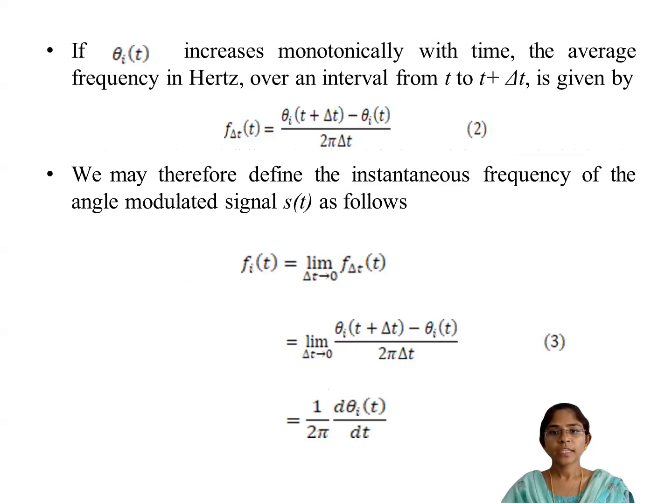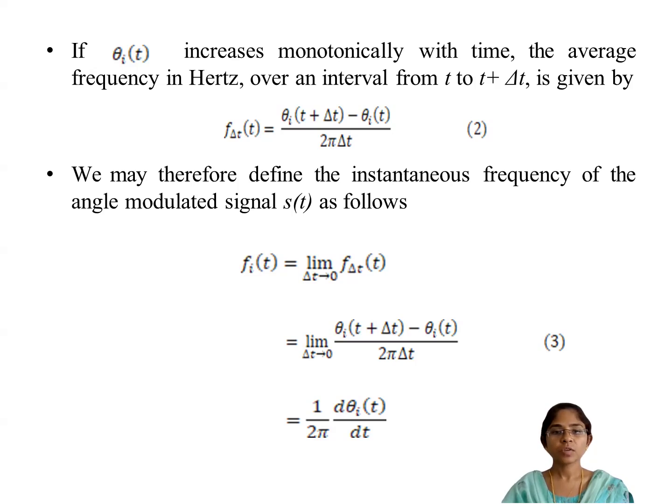During the interval from t to t plus delta t, we can write f delta t of t as theta i of t plus delta t minus theta i of t divided by 2 pi delta t. From this, we will write down the instantaneous frequency of the angle modulated signal.